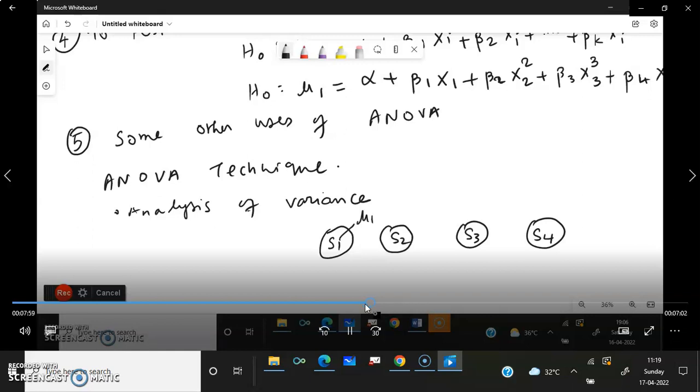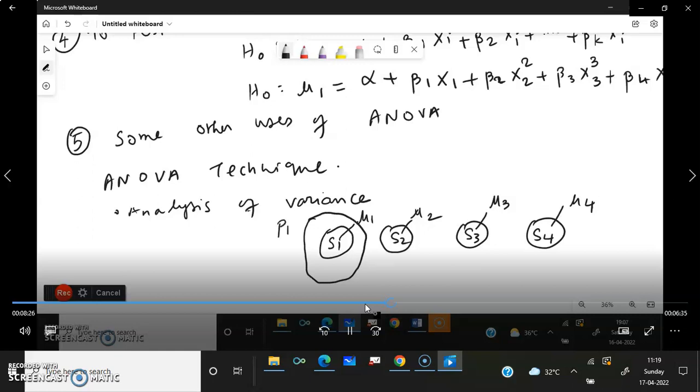Sometimes a difference may be there; whether the difference is significant or not is checked using the ANOVA technique. As I explained before, mu1 is the mean of population P1.